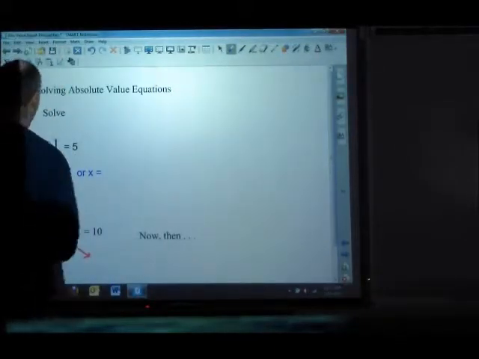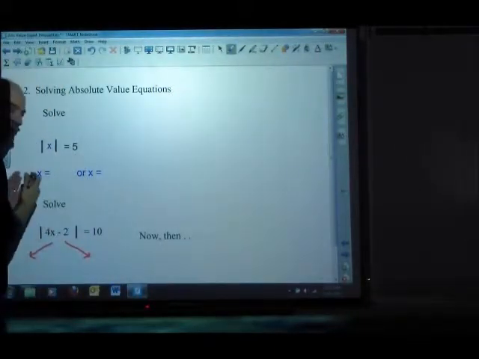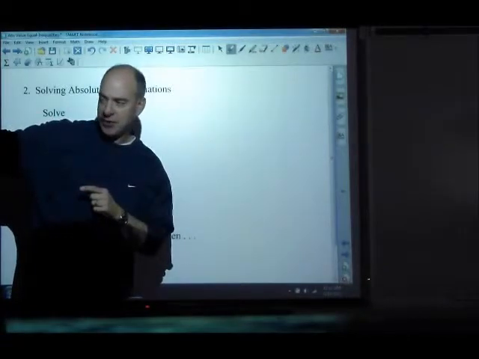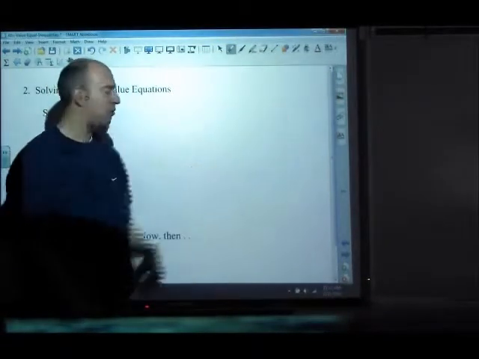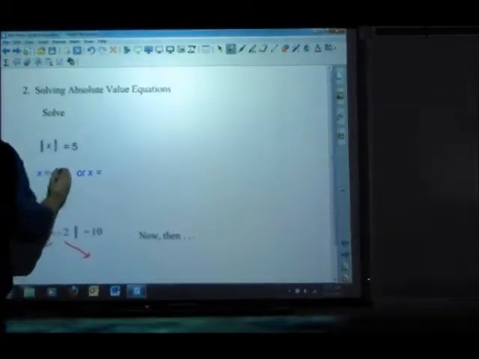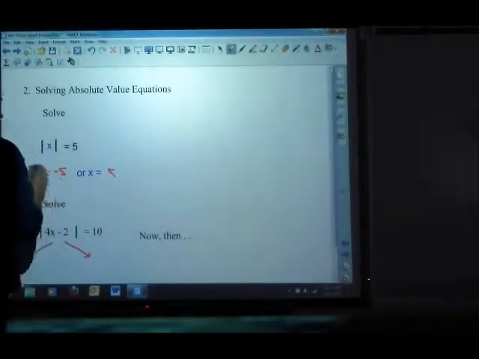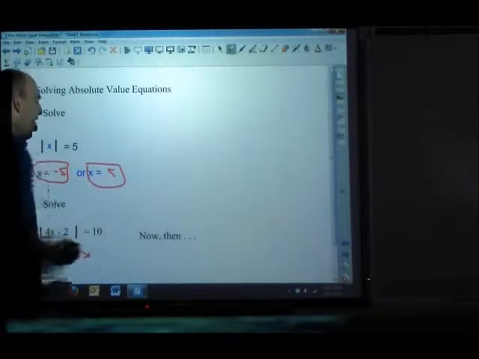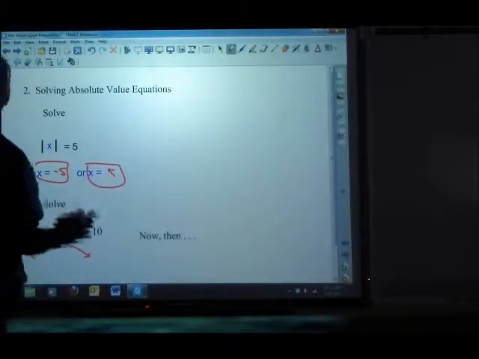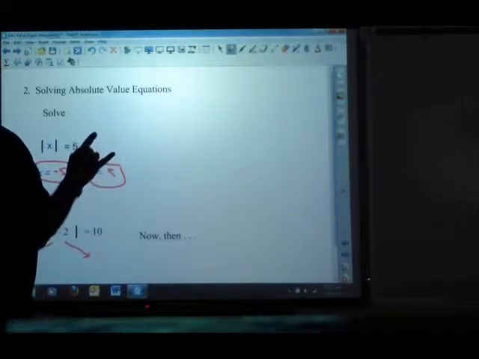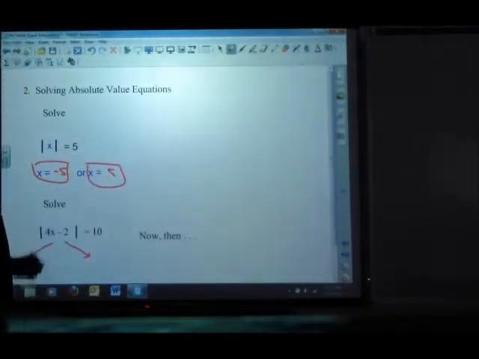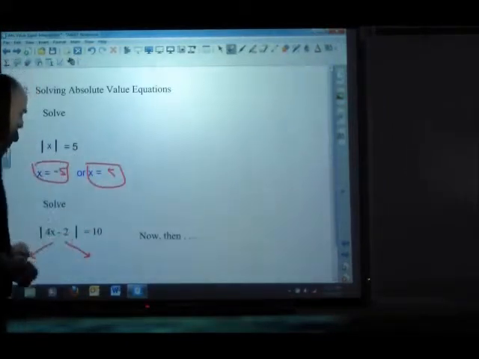Again, there are two sides: that side away from 0, which makes it -5, and that side, which makes it +5. So we have to realize right off the bat that absolute value problems are called compound. Compound means there's typically more than one answer, and there will be here because there are two sides to 0.